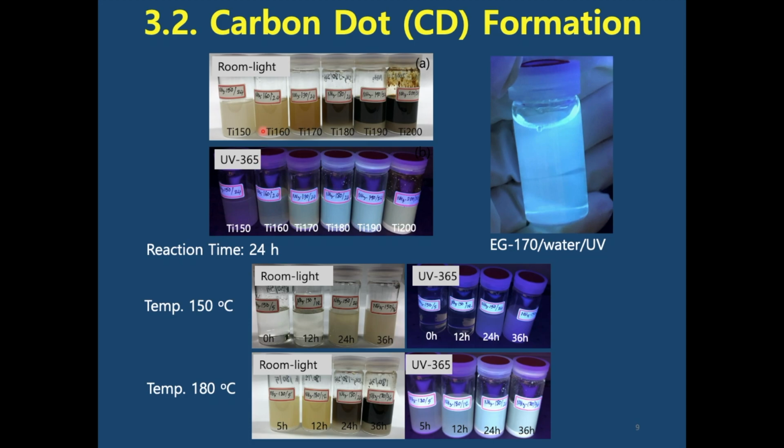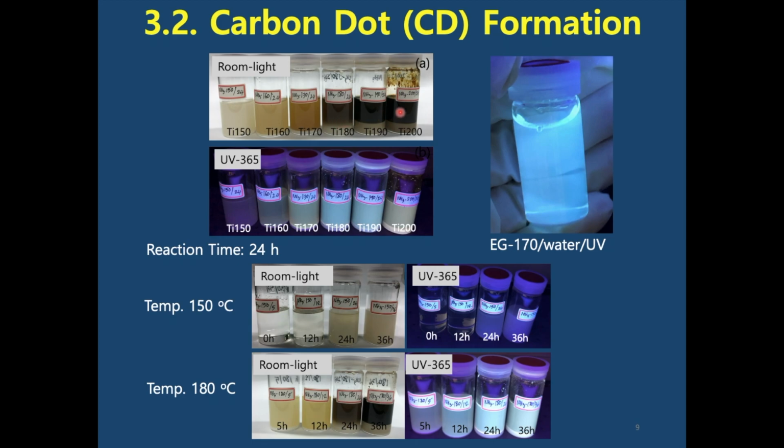More interestingly, besides the phase change, the colors of the crude solution also change. As we can see in the camera image, when we increase the temperature from 150 to 200, the solution turns from brown to dark black.